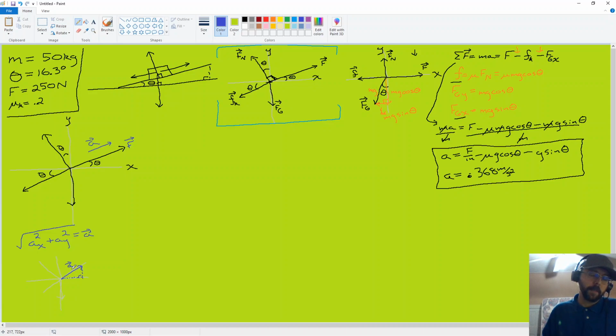I don't know if it's better to say the magnitude of a or just a. I mean, it's both because this is also the direction, but really what I'm concerned with there is actually just the magnitude. This is ax, and this is ay. So if we add these, you square this, add it to this one squared, and then take the square root, that equals this. A squared plus b squared equals c squared.